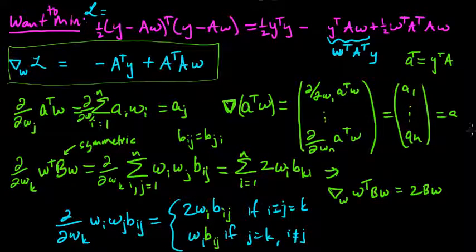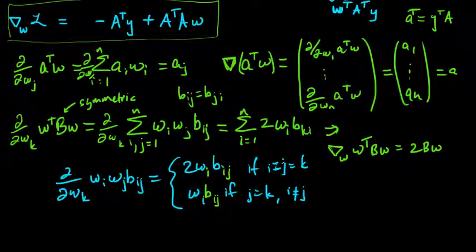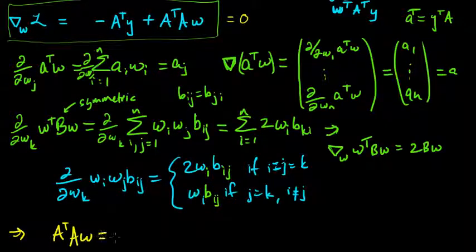And now we want to get the minimum of this function, thinking of it as a function of w. So let's set that gradient equal to 0. Well, it's easy, right? If we set the gradient equal to 0, then we get A transpose AW equals A transpose Y.